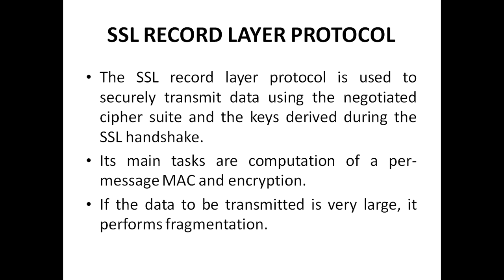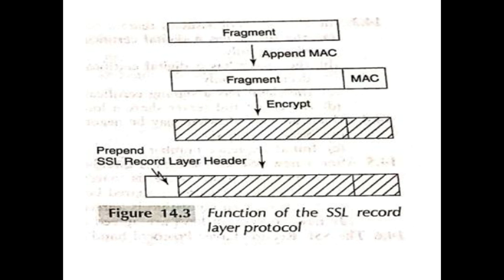If the data to be transmitted is very large, then it performs fragmentation, and each fragment is of 16 kilobytes or less. So if the data to be transmitted is large, first the data is fragmented, and each fragment is of 16 kilobytes or less.